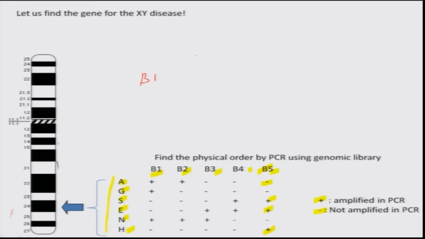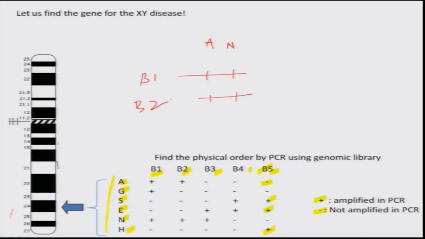I would put a line, and here this is A and this is N. B2 is again positive for A and N, and I would say this is B2.